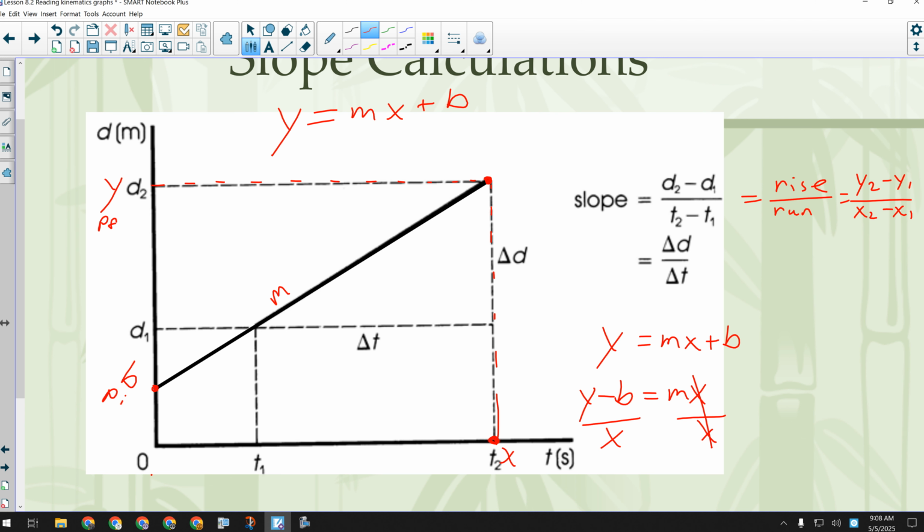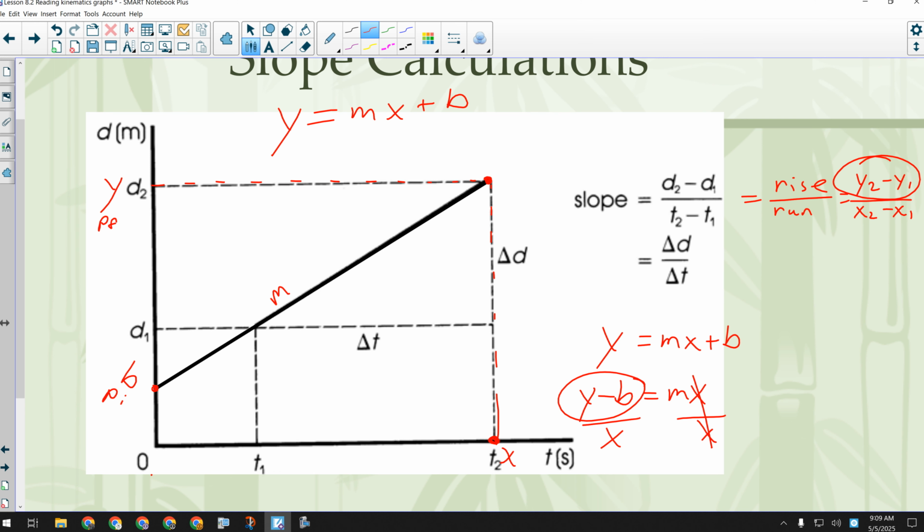So this is one way to calculate slope. This is the change in y. Is this also the change in y? Right? Y minus b would be this, same as y2 minus y1.